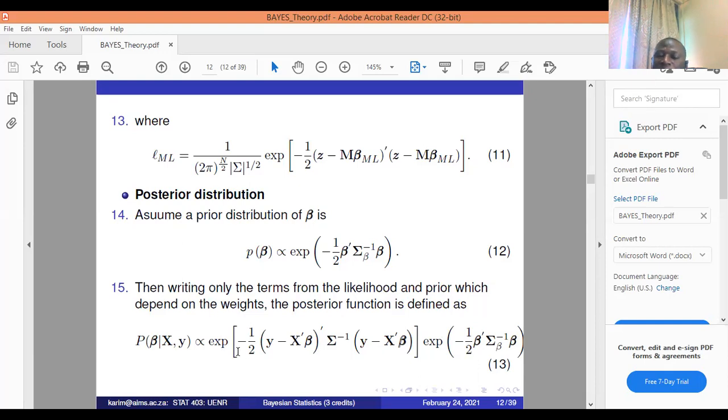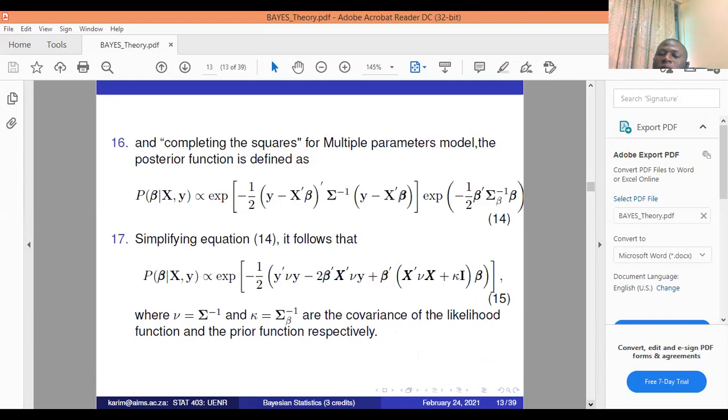And here is an exponent and here also is an exponent. So we are just going to have the exponent of minus half, and then we add the rest. When we multiply them, we are going to add, so we have minus half, and everything is going to be in one bracket.